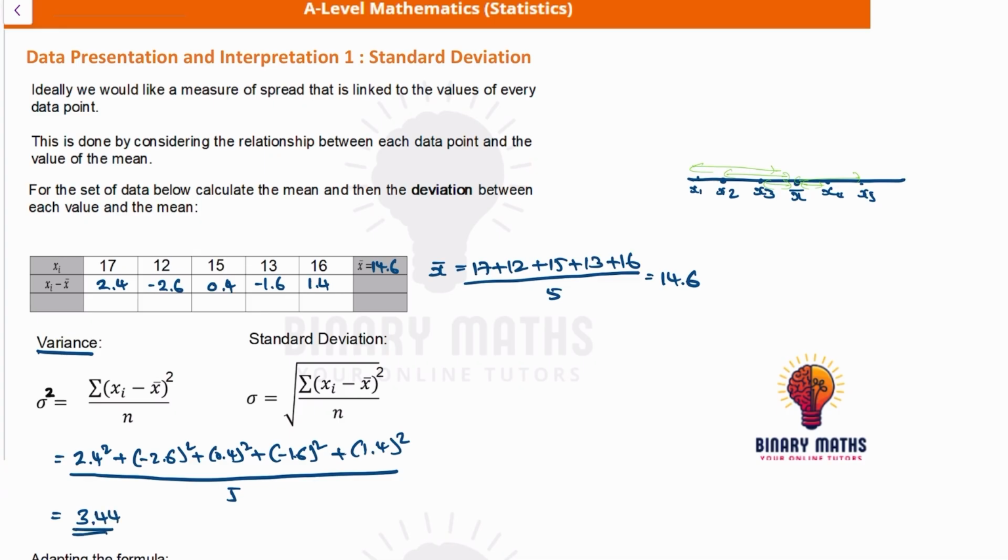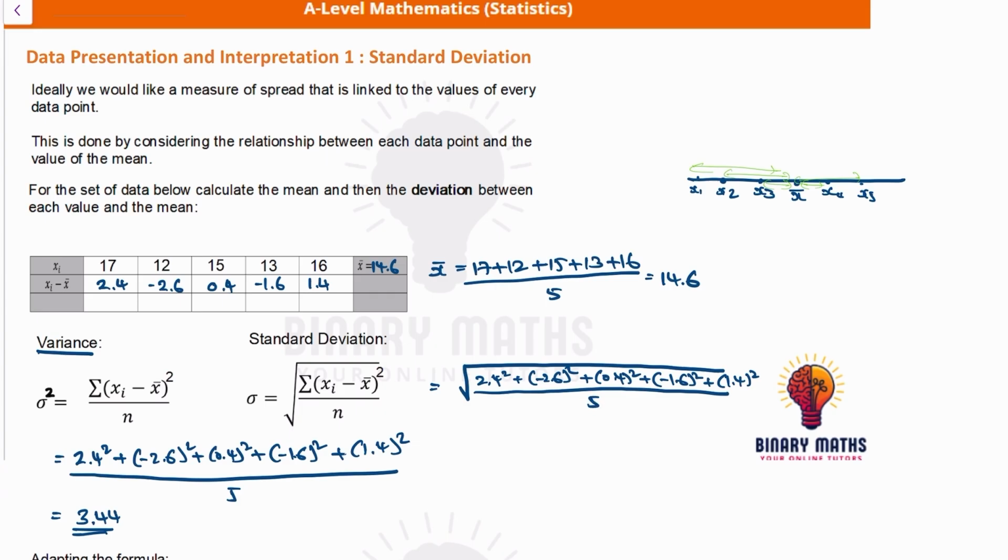Now to work out the standard deviation, we square root the sum of the squared deviations and then divide by n. So it will be the square root of 2.4 squared plus minus 2.6 squared plus 0.4 squared plus negative 1.6 squared plus 1.4 squared, all over 5.